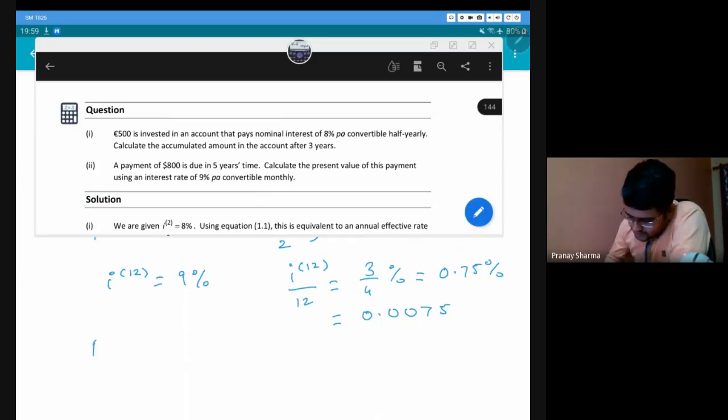So here future value is 800. Our N is 5 years. That would be nothing but how many months? So we'll have 60 months.